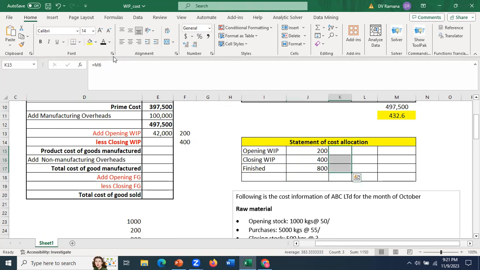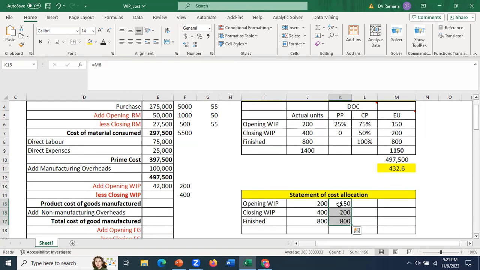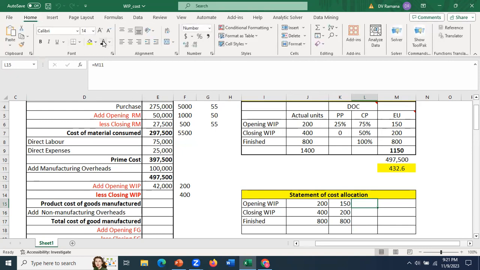So we know this for the consistency's sake. The actual units are 200. The corresponding EU is 150. We just picked up from that table. What is the cost per unit of this equivalent unit? It is equal to 432.6.